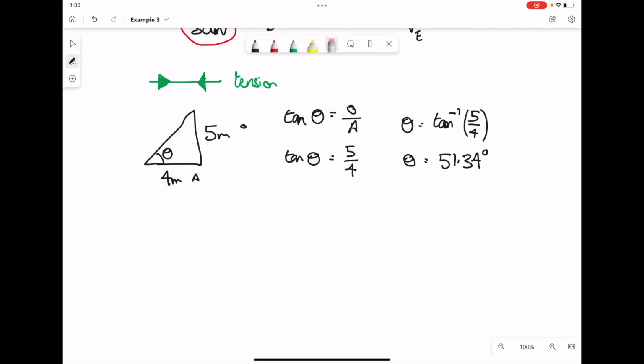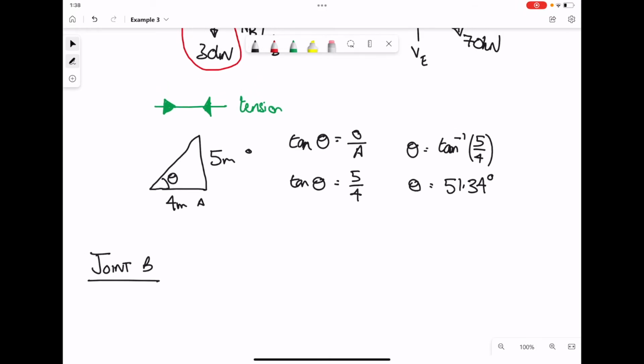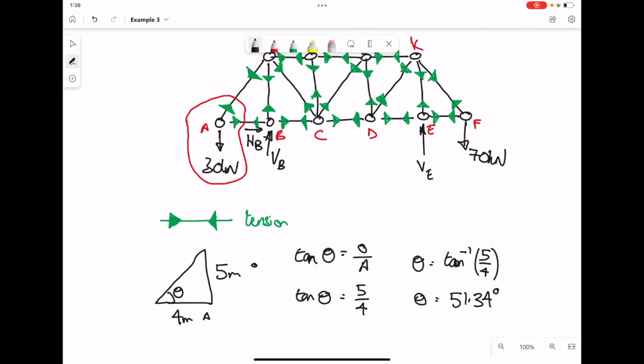The next joint we're going to look at is going to be joint B. Looking back at our free body diagram, we're going to draw a free body diagram of joint B and the forces that are occurring at that joint. I've highlighted it.